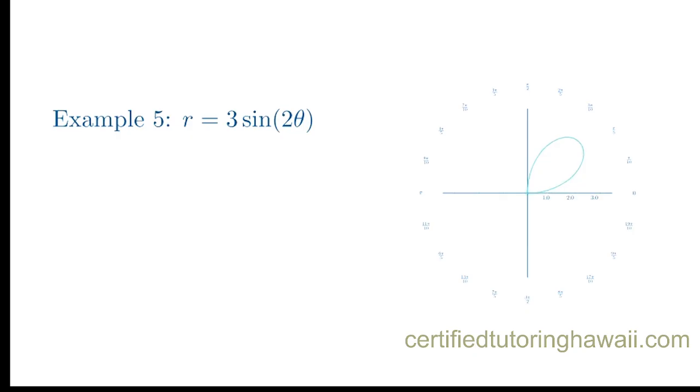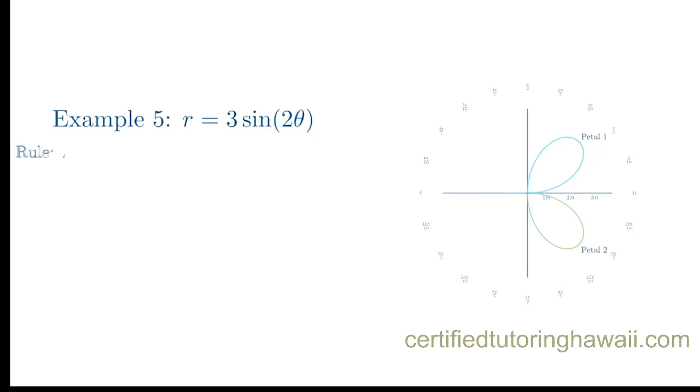What happens next? From 90 to 180 degrees, sine of 2 theta is negative. This means r is negative. For instance, at 135 degrees, 2 theta is 270, sine is minus 1, so r is minus 3. But because r is negative, this point is at 315 degrees. This traces a leaf in the fourth quadrant.